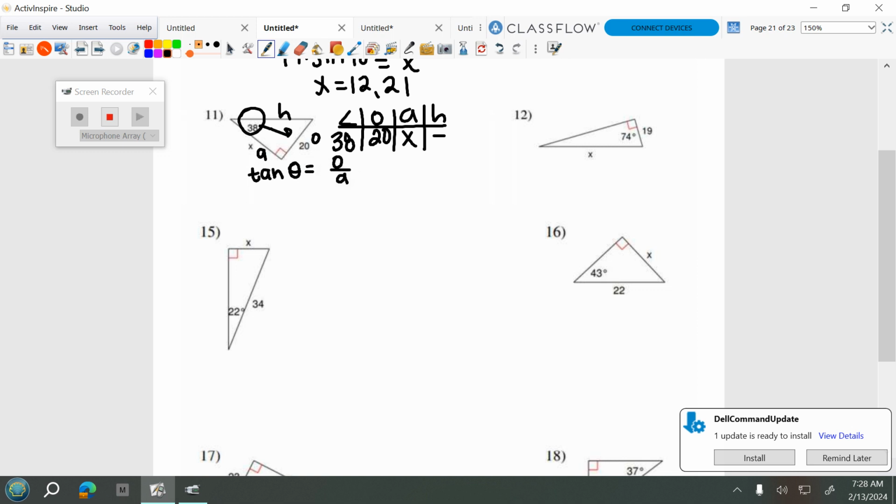And a tan of 38 degrees equals 20 over x. This is an example of switching.